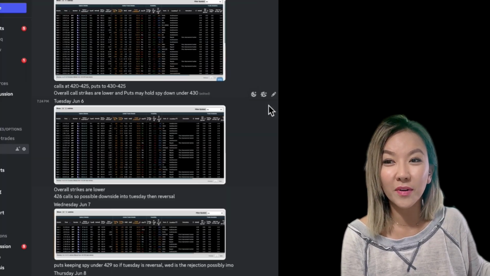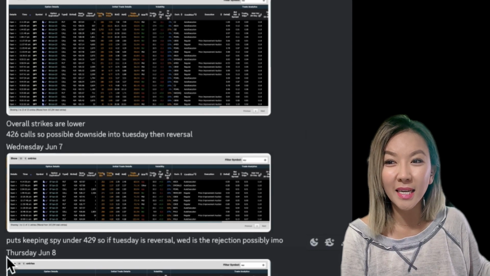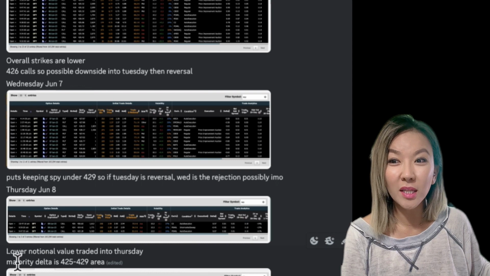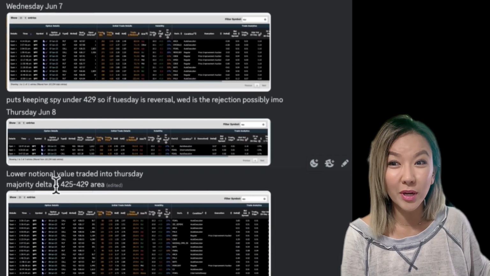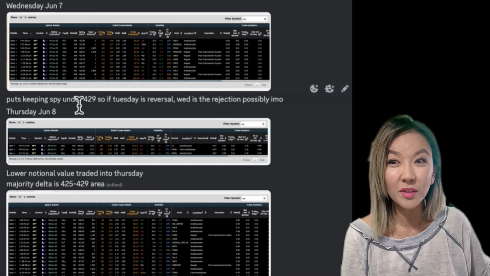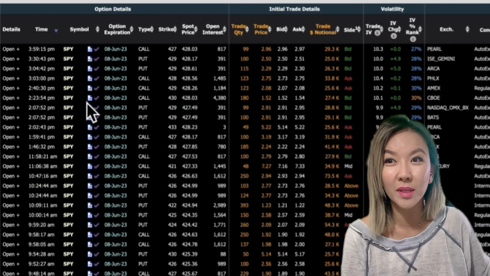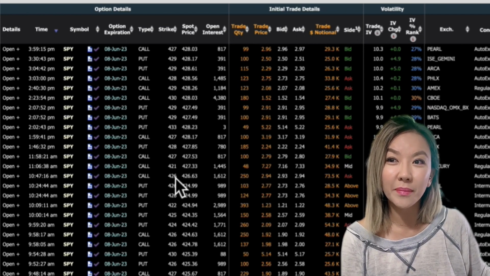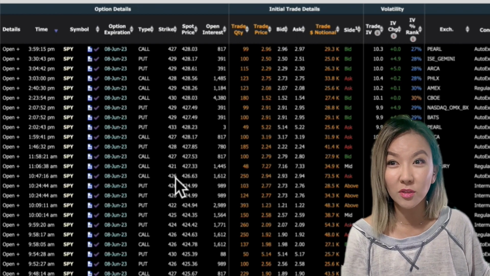Now, how do you know how far? Because the next day I already also planned it, trading notional lower values. So you see all the strikes that are lower into the following day after the rejection of 429. So now we're like, okay, look at all these strikes. They're lower. So how low do these strikes go?